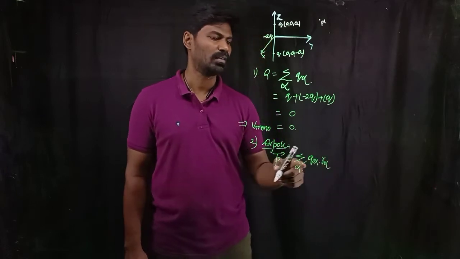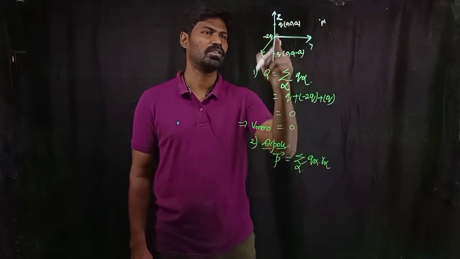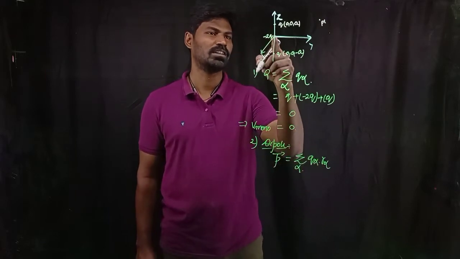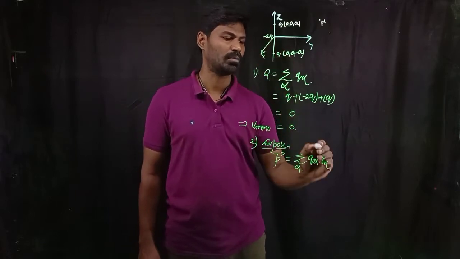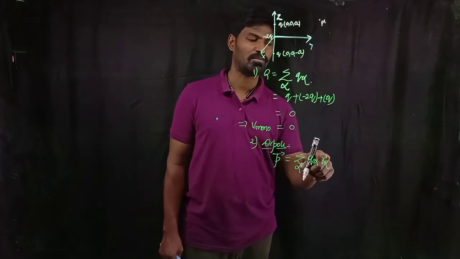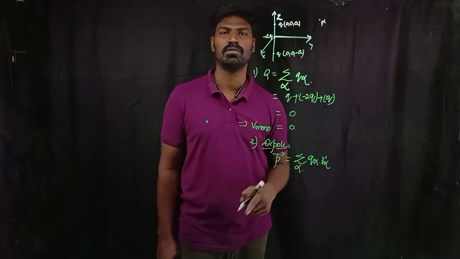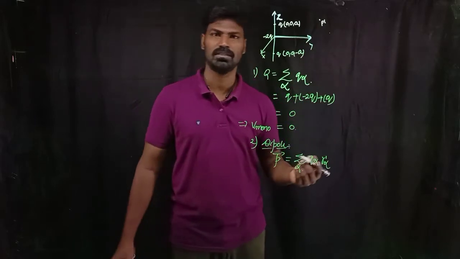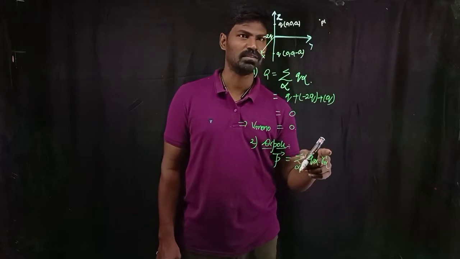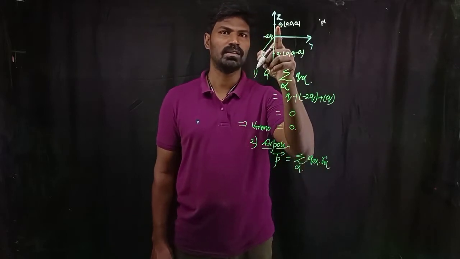Q alpha is the charge, and R alpha is the coordinates of the charge with respect to the origin. Let me write it with a dash, because for the source I am using primed coordinates. For the field point I will be using unprimed coordinates, which is a general convention. R alpha dash means the position of the source.